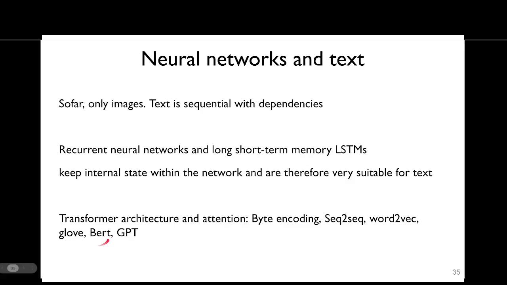So BERT was really the first earthquake in all of these developments, and it was building on the ideas developed in GloVe, word2vec, and seq2seq. And then GPT, as you know it from ChatGPT, is built again on BERT, and all of these implement transformer architectures. Again, this slide is only here as an advertisement. We will not cover this in detail in this lecture.